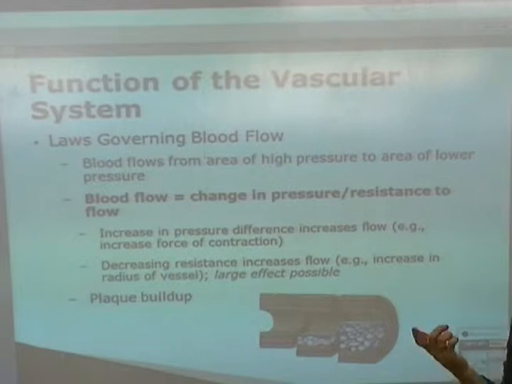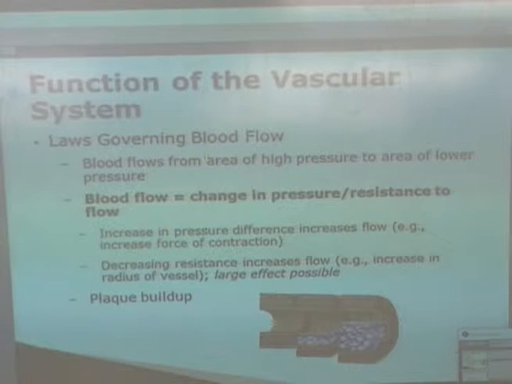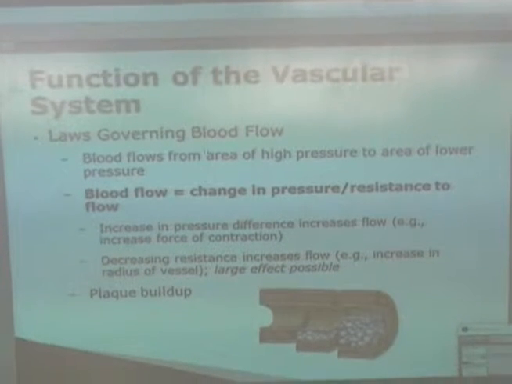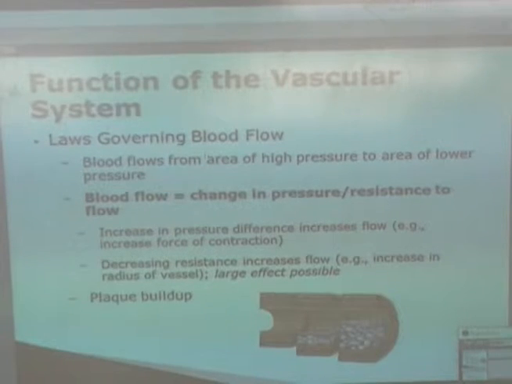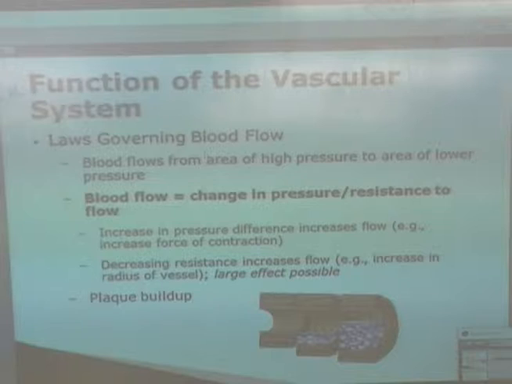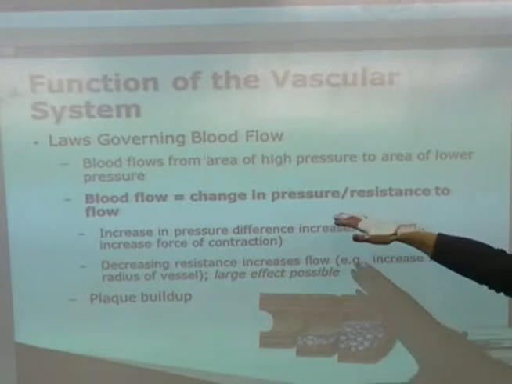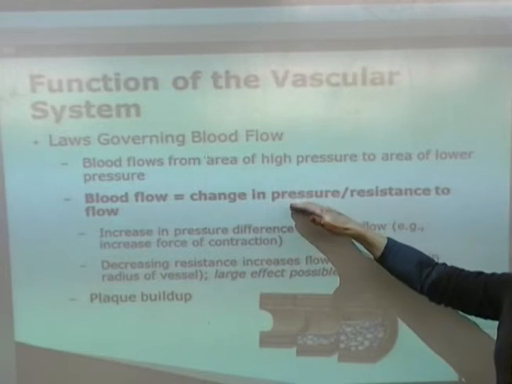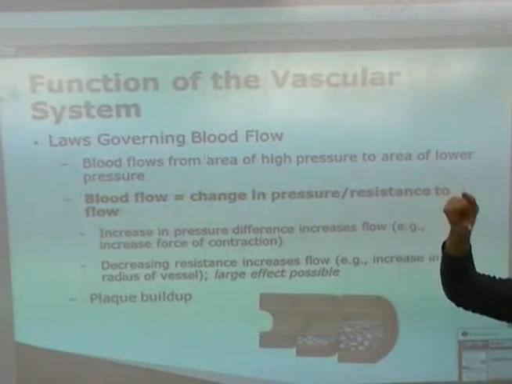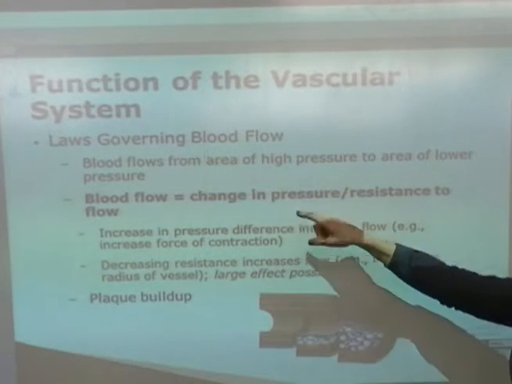Another rule that we have is that the rate of flow, so the speed or the amount of flow, is proportional to the pressure difference between two areas. All right? So that allows us to say that blood flow is the change in pressure, depending on which resource you're looking at.